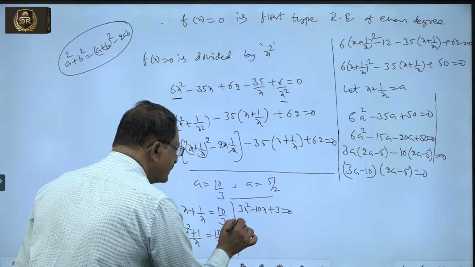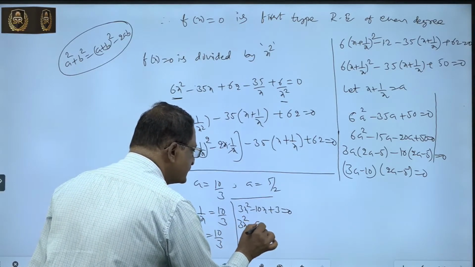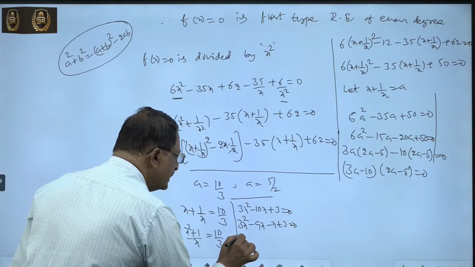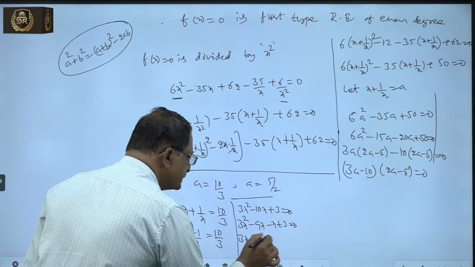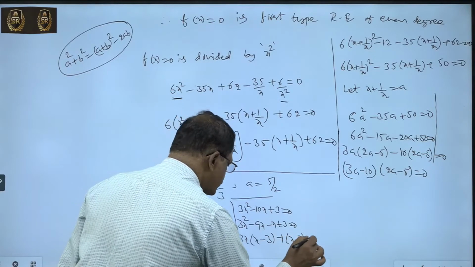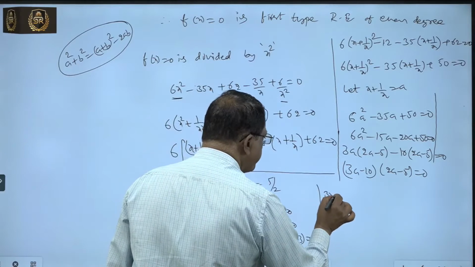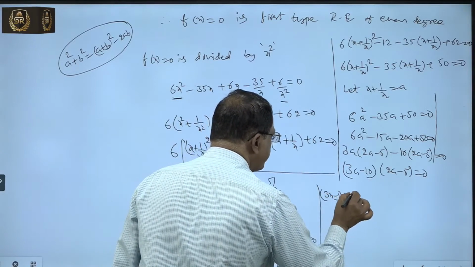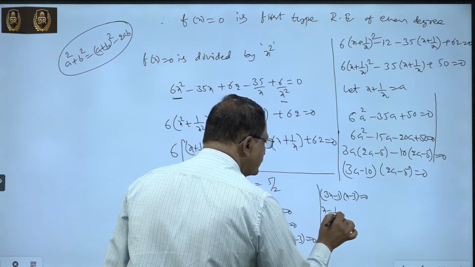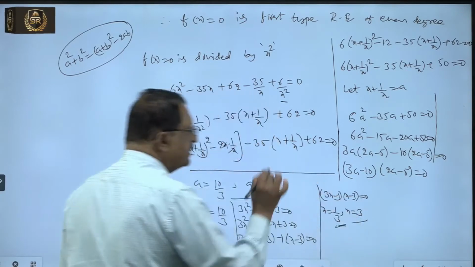Now again factorize this equation: 3x square minus 9x minus x plus 3 equals 0. Now 3x common, x minus 3, minus 1 common, x minus 3 equals 0. Now 3x minus 1 into x minus 3 equals 0. Now x equals 1 by 3, x equals 3. Now two roots are 1 by 3 and 3.